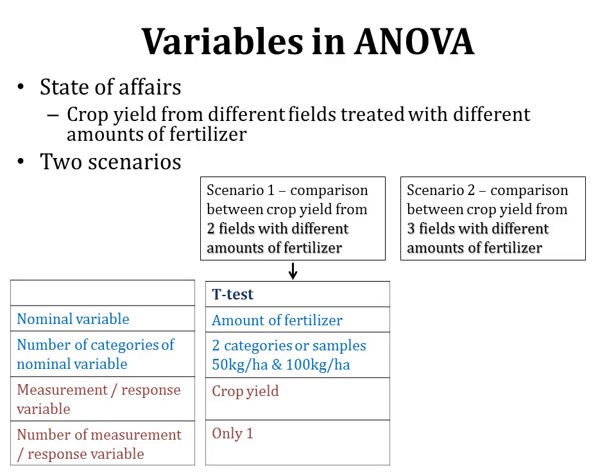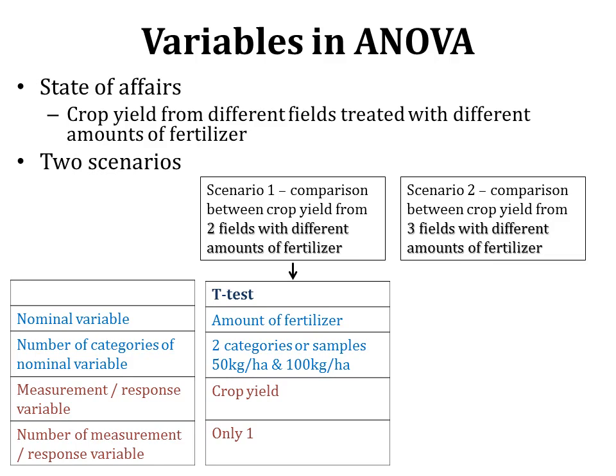For the first scenario, we have the t-test. The nominal variable is the amount of fertilizer, so we have two categories or samples: the samples which received 50 kilograms per hectare, and the samples which received 100 kilograms per hectare of the fertilizer, right? So in this case, we have two fields.